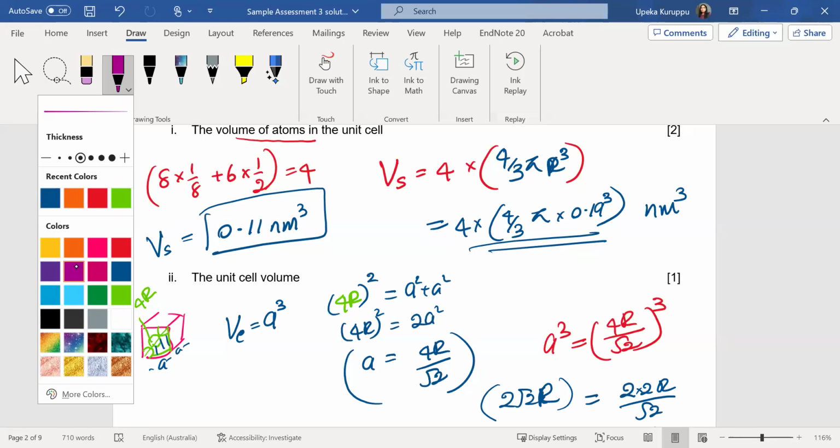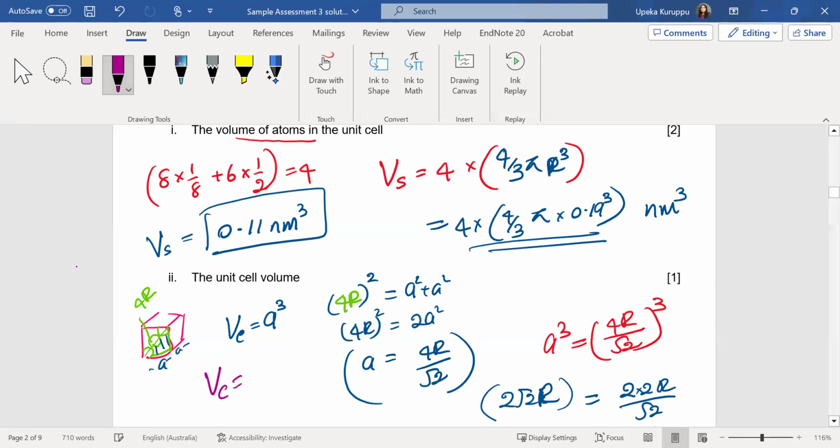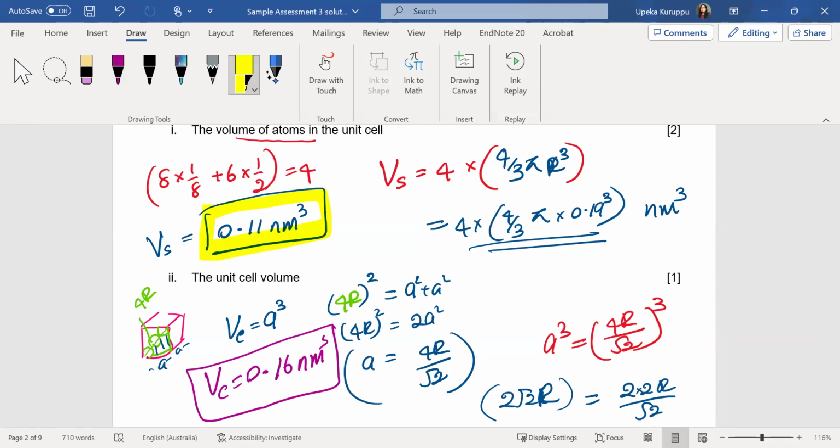How many nanometer cubed? Do we all get that? So we need this. If we know this too, the volume of the solids and the volume of the cube, do we all get 0.16? Then what? What do you get?